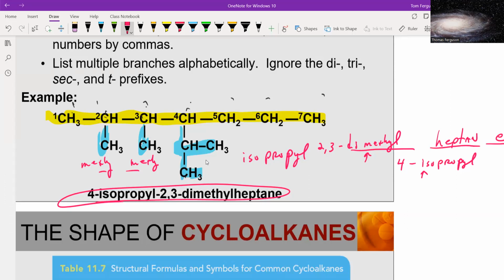So if you're naming this in a reaction and you put 2,3-dimethyl before isopropyl heptane, I wouldn't ding you for it. But if it was for a naming question, I would. Because in a reaction, the reaction is the more important part of all that. You may get a sad face, but I wouldn't take off any points.